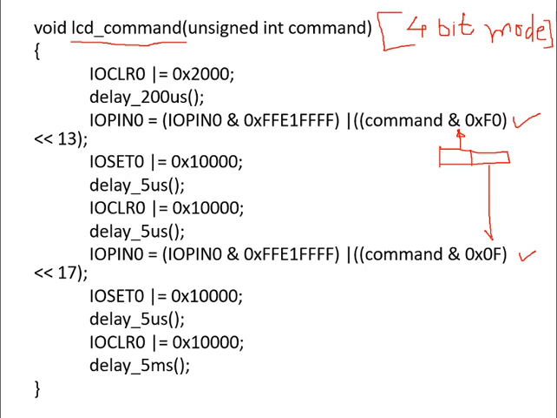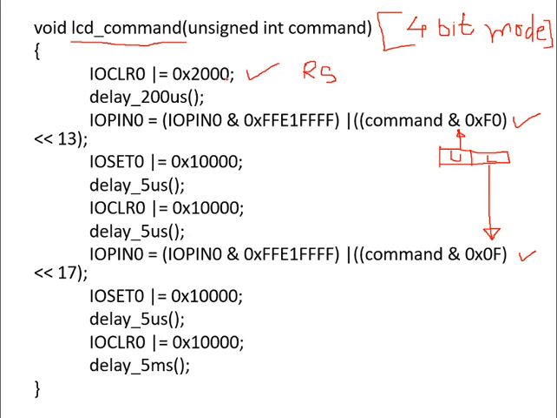Only that is the difference in this program from your original 8-bit LCD interfacing program. So this is the lower nibble and this is the upper nibble which you are sending there. The rest of the things are the same as your LCD interfacing. Only specific pins are used there, this is RS.